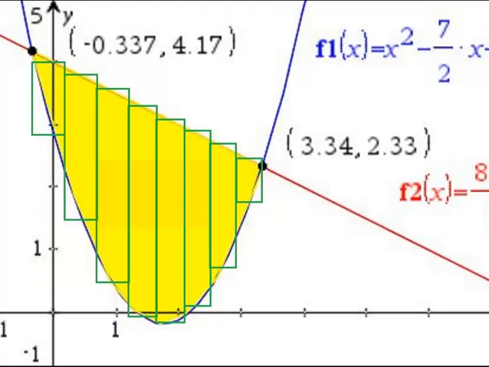And those dx's proceed to the right until we get to the x-coordinate of that rightmost point of intersection. And we presently do have a 3 significant digit decimal number for that. Of course, we'll need to improve, but that's the basic idea.